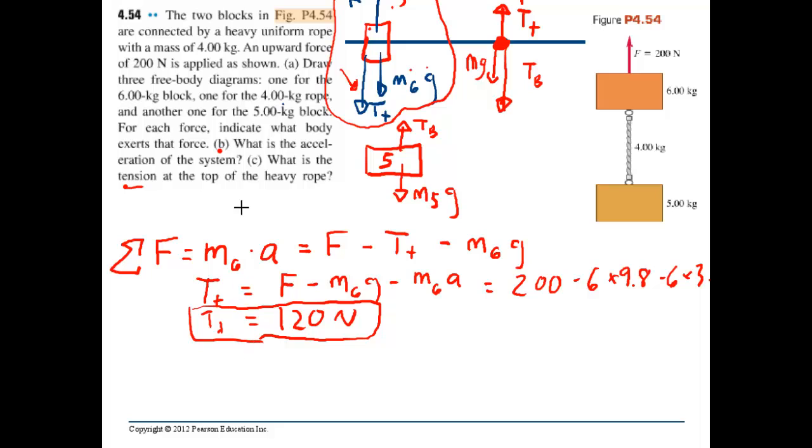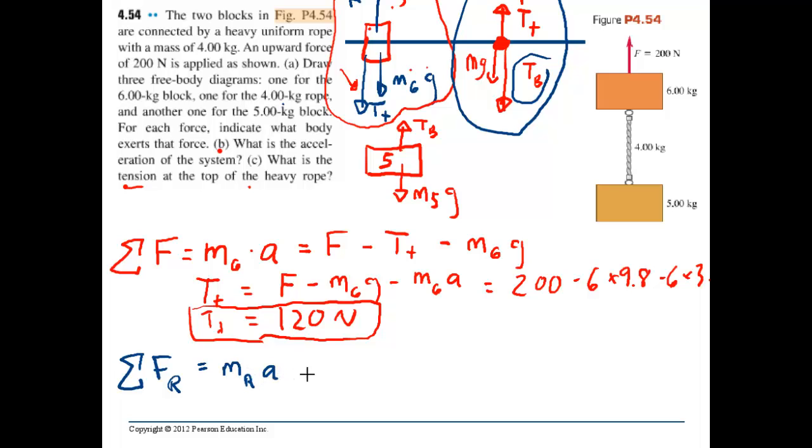Now we can take this a step further than what the problem asks you to do, and I can say, well, what would the tension at the bottom of the rope be? So to solve for this, I would take a look next at my rope and write the sum of the forces on the rope, and that's going to be the mass of the rope multiplied by the acceleration of the system.